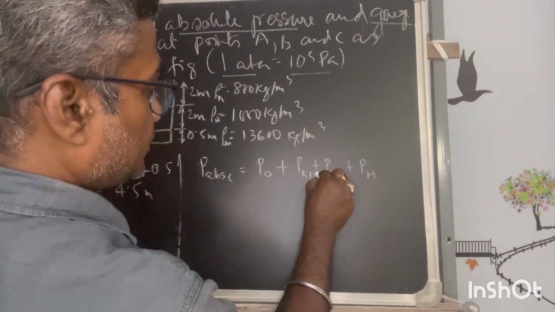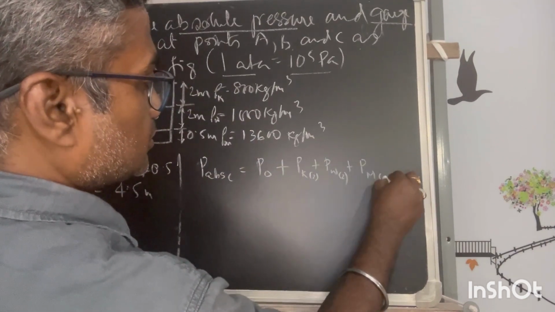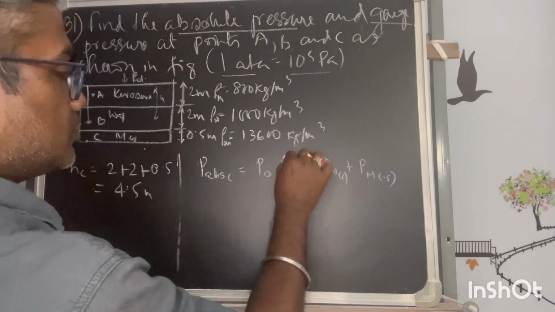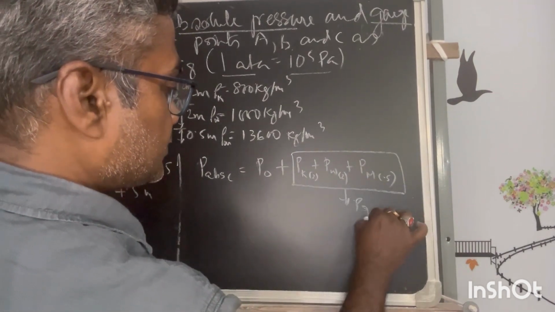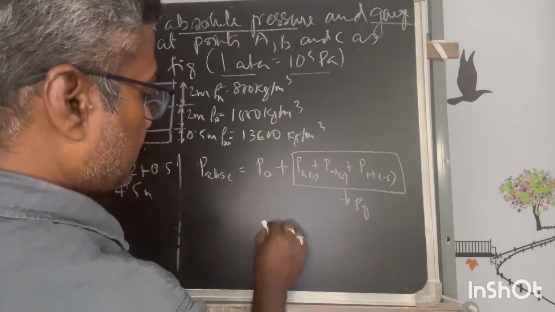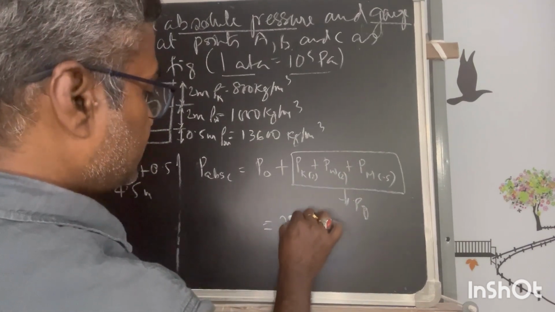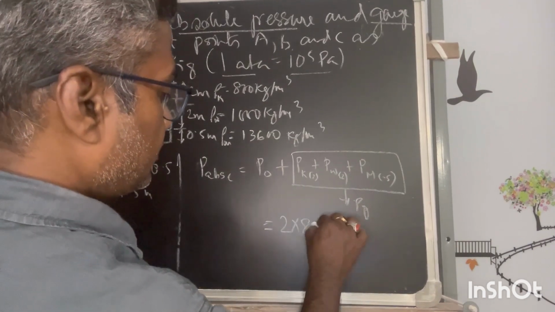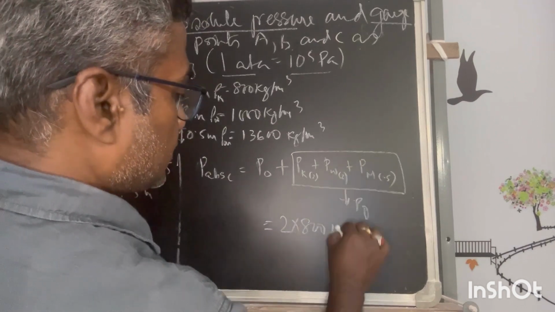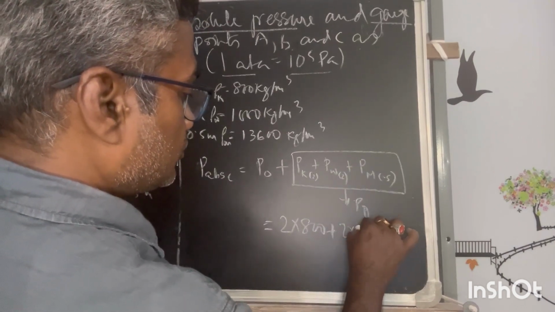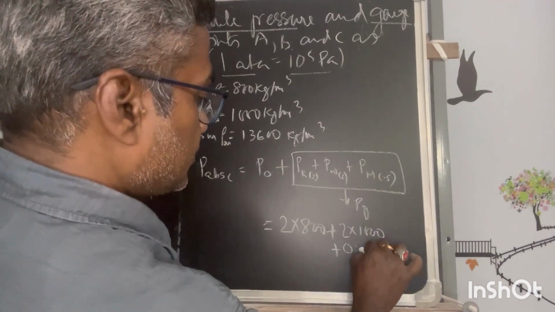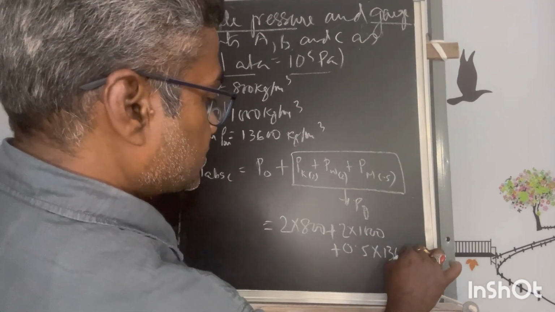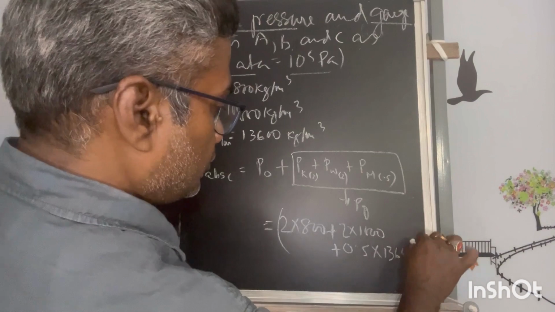So this is 2 meter, this is 2 meter, this is 0.5 meter. So here this is your gauge pressure, P gauge. If I calculate, the P gauge is equal to H into rho, 800, plus H into 1000 plus H into 1360, whole into G.